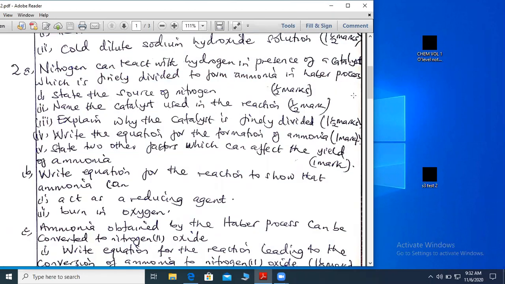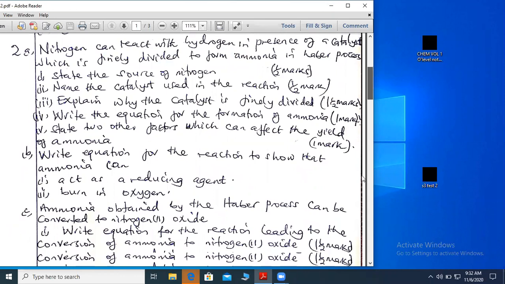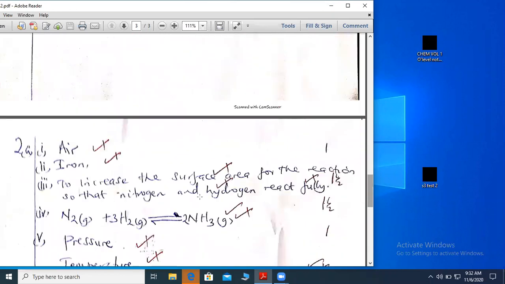The catalyst is finely divided to increase the surface area for the reaction, so that nitrogen and hydrogen can react fully. We want all the nitrogen and hydrogen to react. That's why we use finely divided iron, to allow all the nitrogen and hydrogen to react fully.